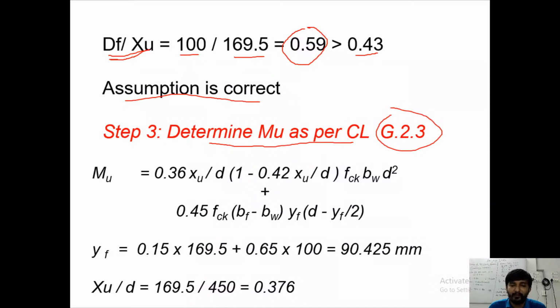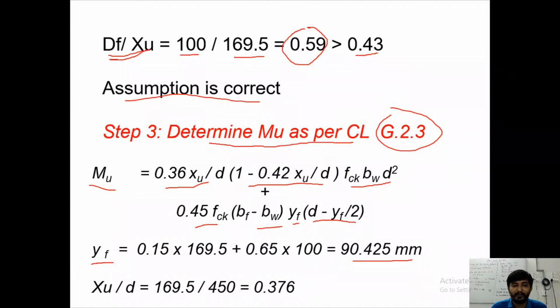Right. So step number 3, determine MU as per clause number G2.3. So if you see G2.3, you get this formula for MU: 0.36 XU by D (1 minus 0.42 XU by D) FCK BW D square plus 0.45 FCK (BF minus BW) into YF into (D minus YF divided by 2). And you know the value of YF also, which is 90.425 mm. XU divided by D, you can easily calculate.